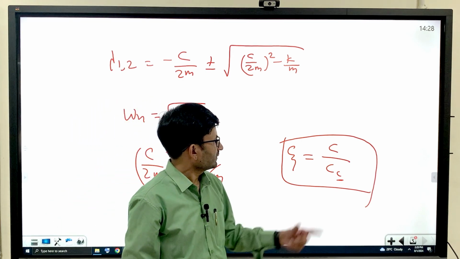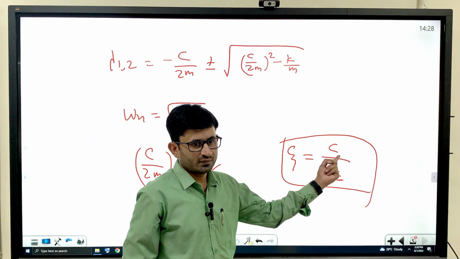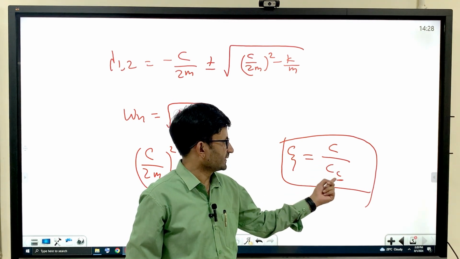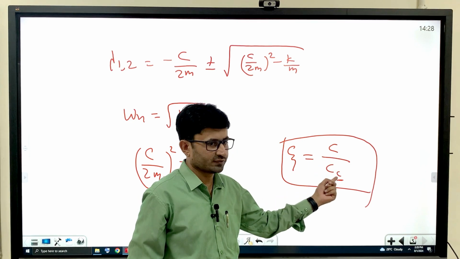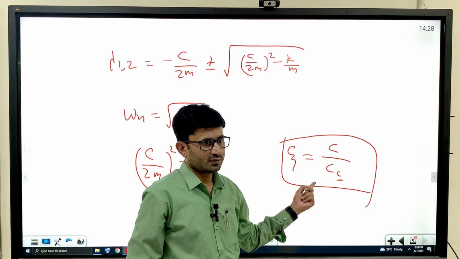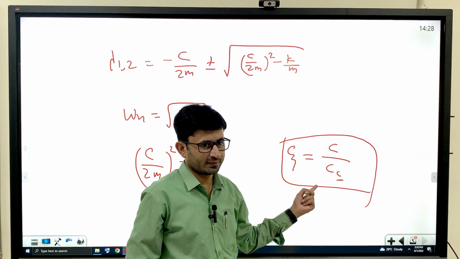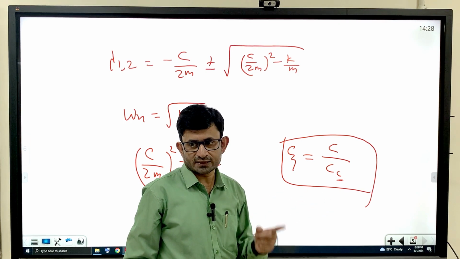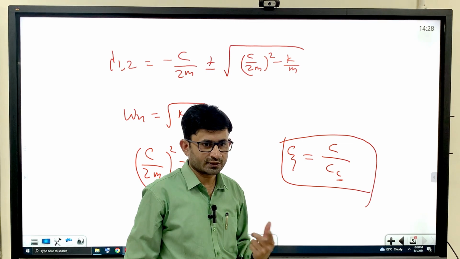When your damping c equals Cc, Cc by Cc is 1, so your zeta will be 1. You will call it critically damped. So zeta equal to 1 is critically damped. When it is less than 1, under damped; greater than 1, over damped.